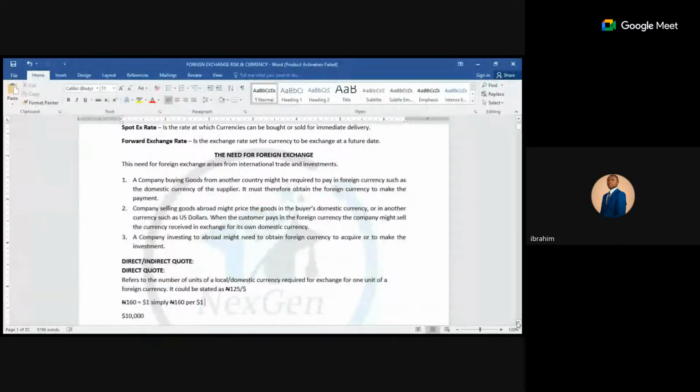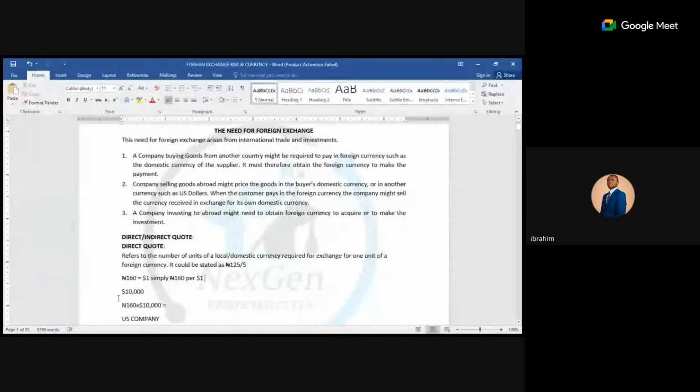Now, let's say we have 160 naira to $1, and it is a Nigerian company. They talk about a Nigerian company, and you see the spot rate to be like this. It is a direct quote.